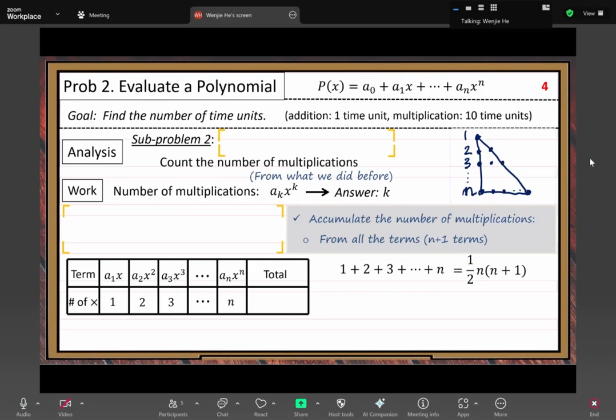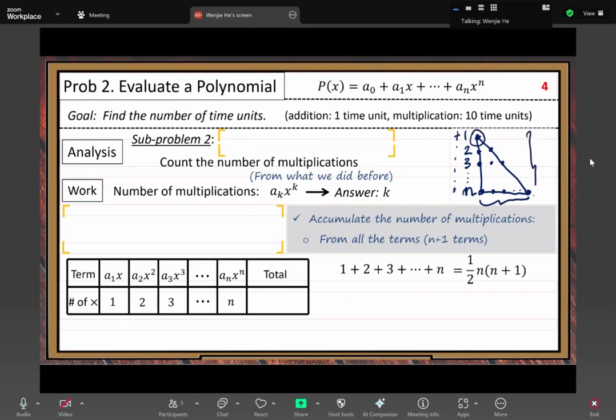Now, in order to calculate the summation, we add up all these dots. Let's apply the formula for the area of a triangle. 1/2 times the base number n, plus the top number 1.